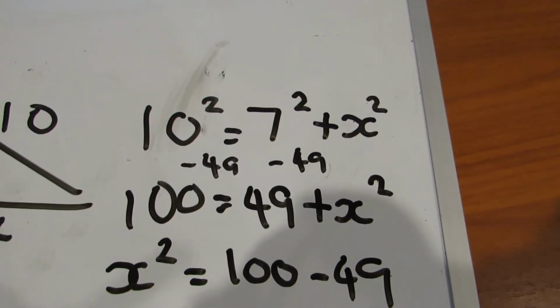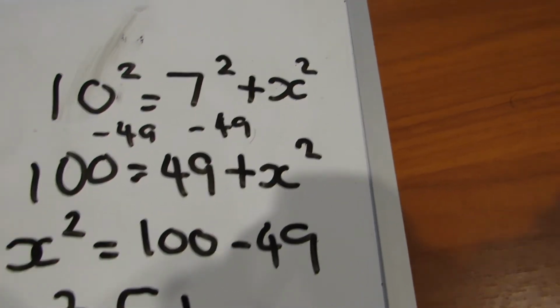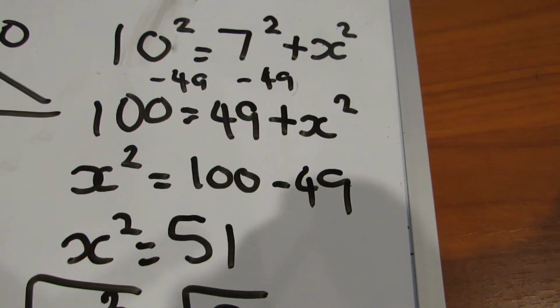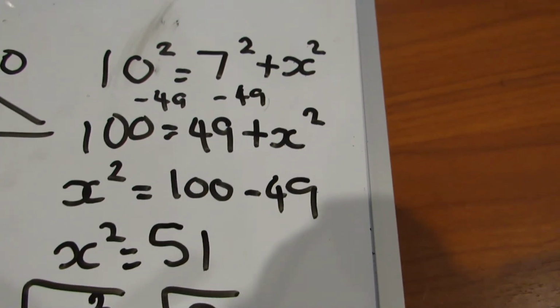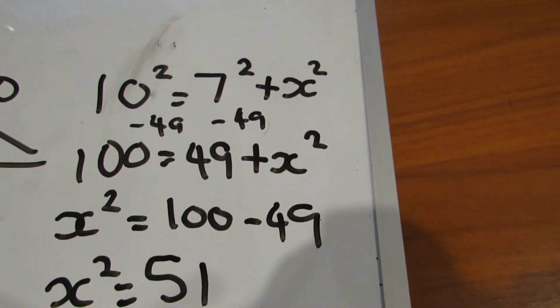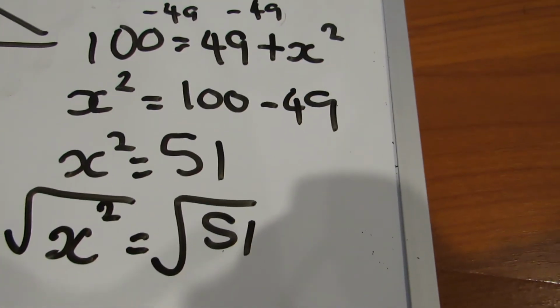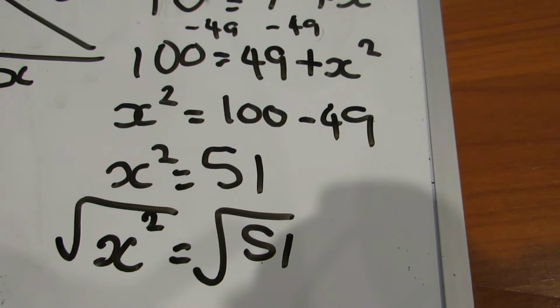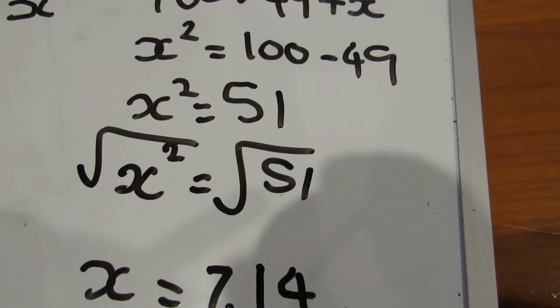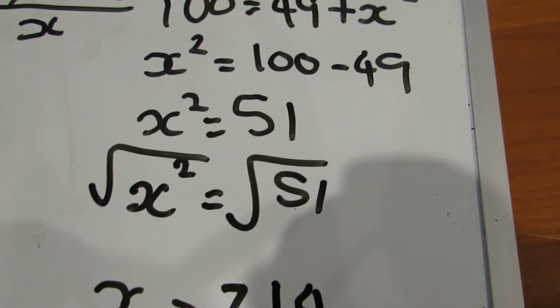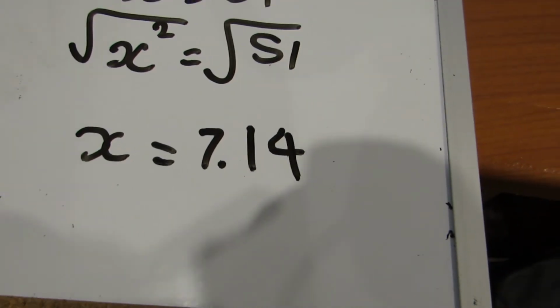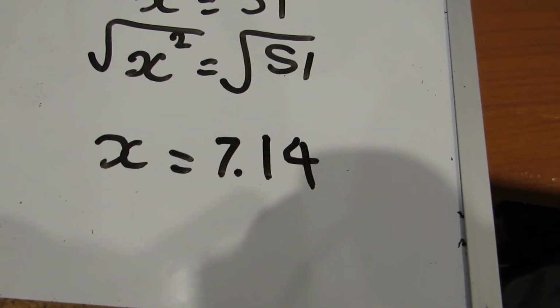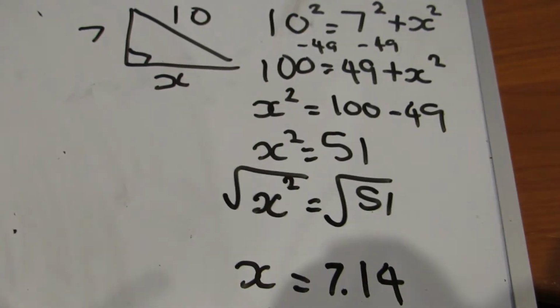I took 49 from both sides to get the x on its own, then flipped it around, so x squared equals 100 minus 49. Then I solved that: x squared equals 51. I square rooted both sides to get rid of that square, and I was left with x equals 7.14. So that would be this side.